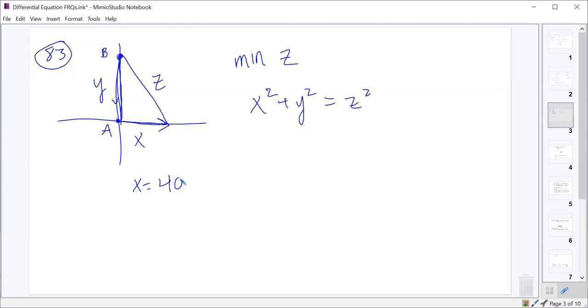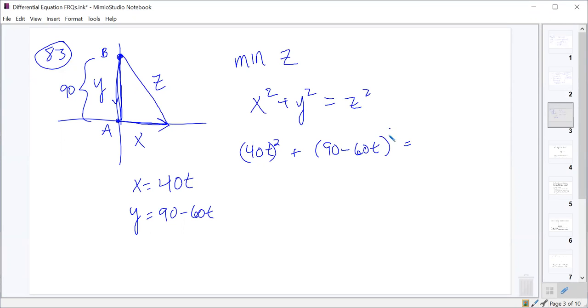So x should be 40t. And y started out 90 miles away, but is decreasing by 60. So y should be 90 minus 60t. So that should be our z squared value.